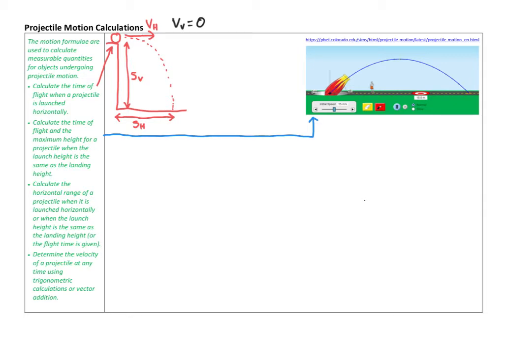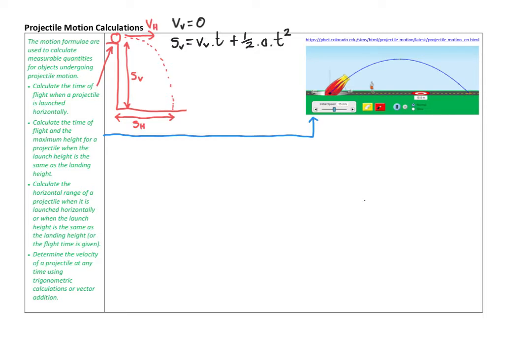So I'll write the formula out and then show how we can use it. We can use this formula S equals V, and in this case, because we're interested in the vertical component, times time plus a half times the acceleration times time squared.